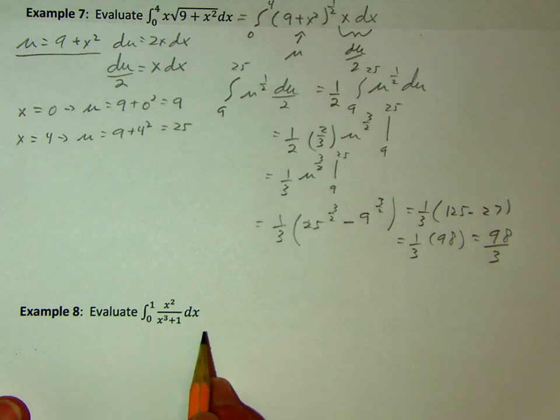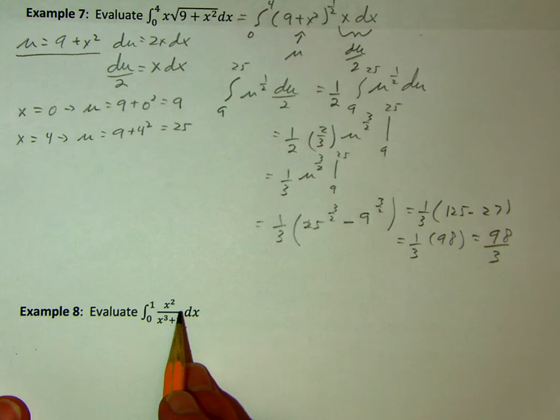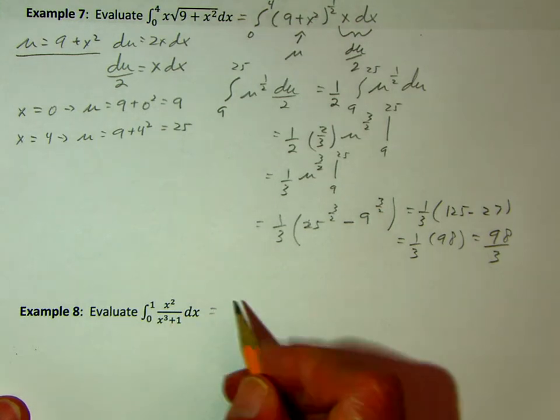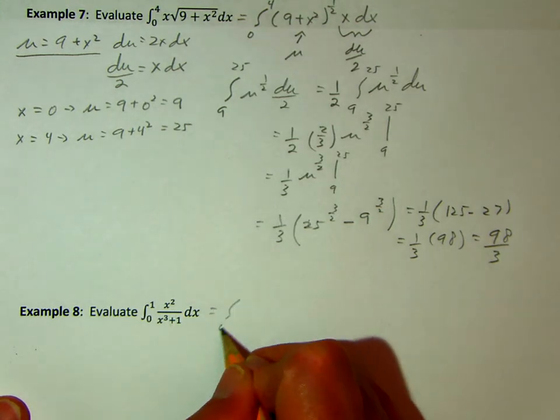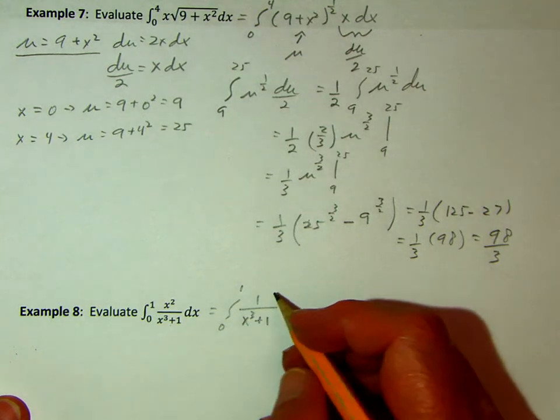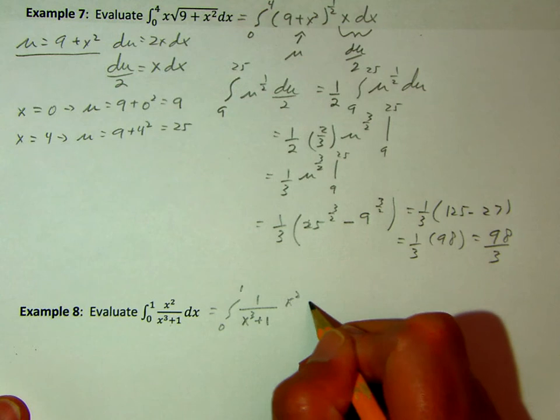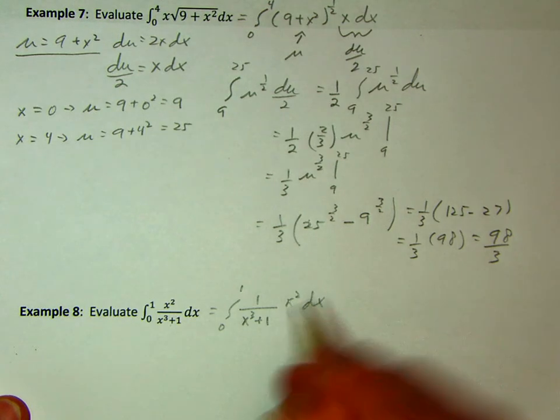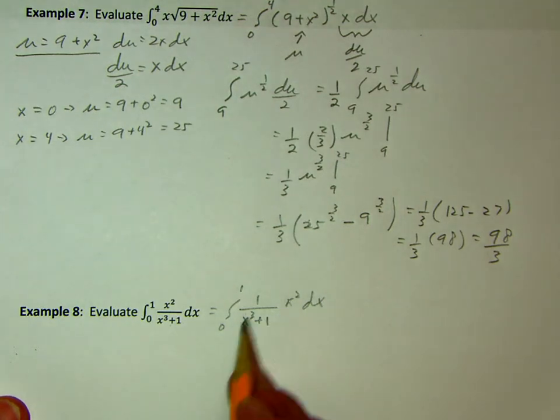Here again, the very first thing I want to do is separate my pieces out. So I'm going to rewrite this as the integral from 0 to 1 of 1 over x cubed plus 1 times x squared dx. And I'm going to let the denominator here be the u.